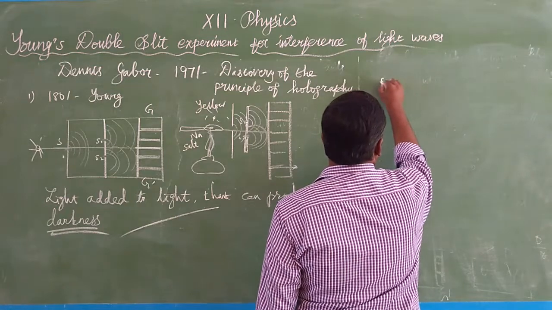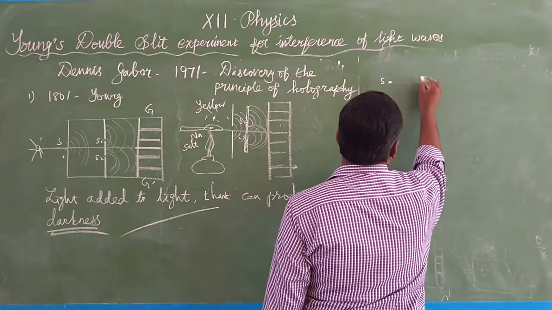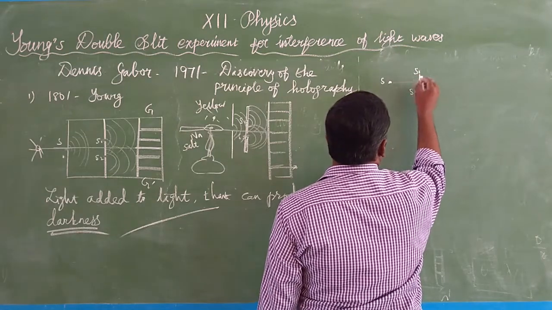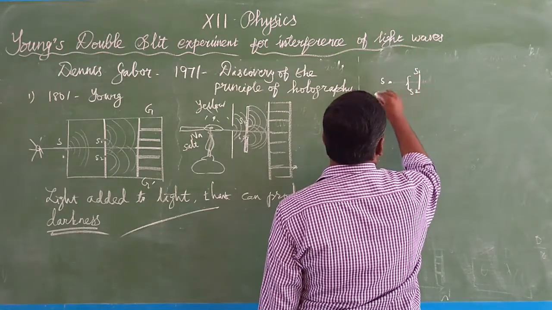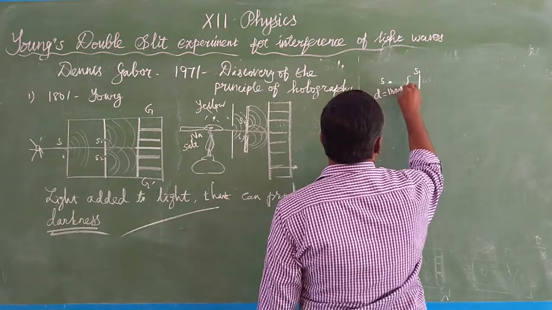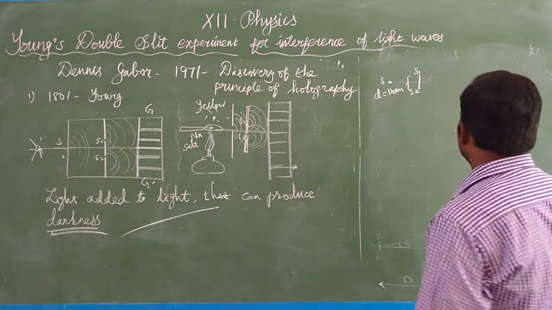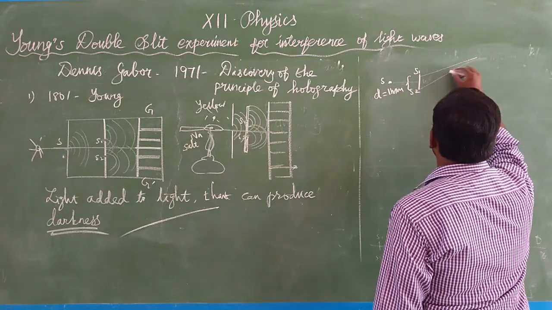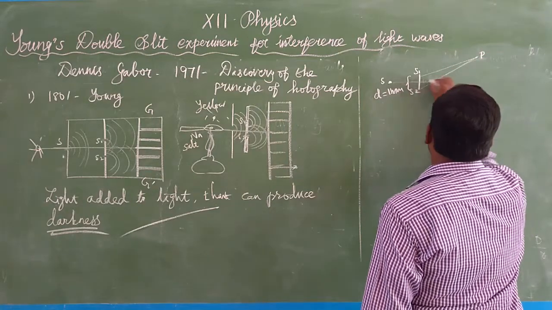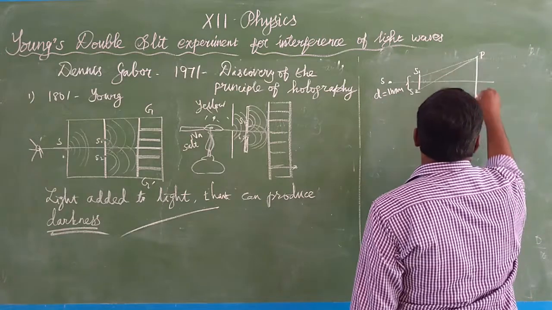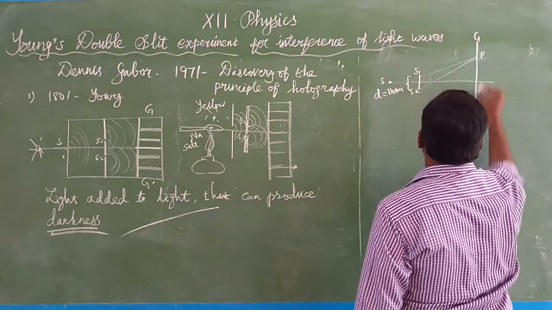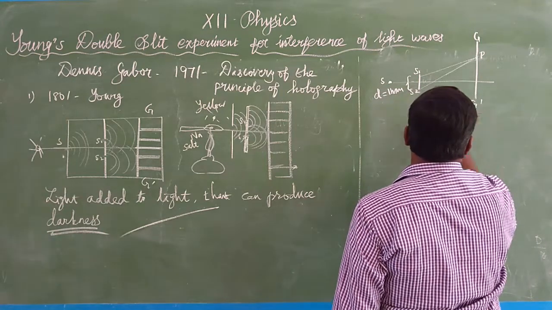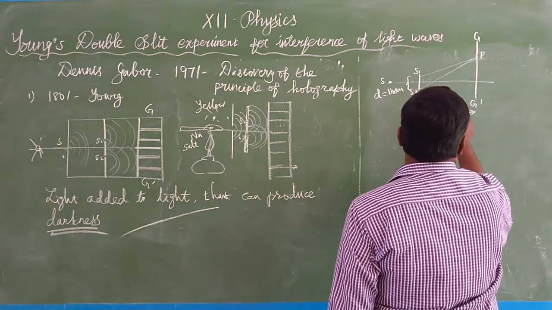Okay, there is a sodium source that is allowed to pass through the two slits, that is S1 and S2, which are spaced at a distance of 1 millimeter. Then the interference is determined at a point P from the axis on a screen. This is a screen G and G dash. So the screen is located from the position of two slits at a distance of 1 meter.